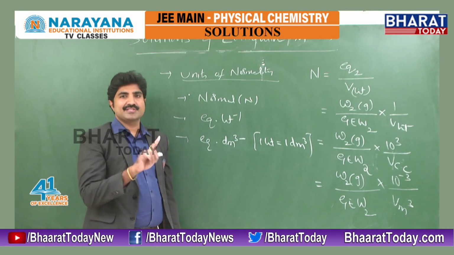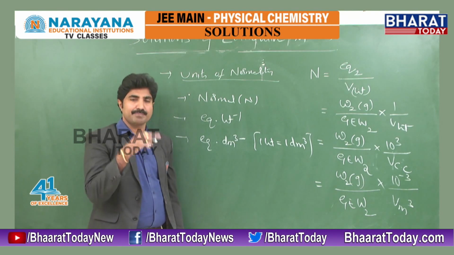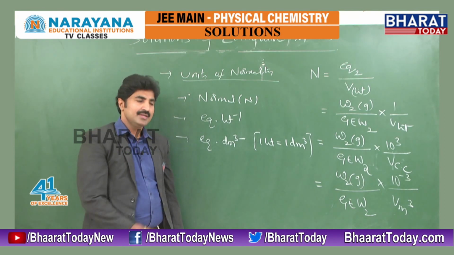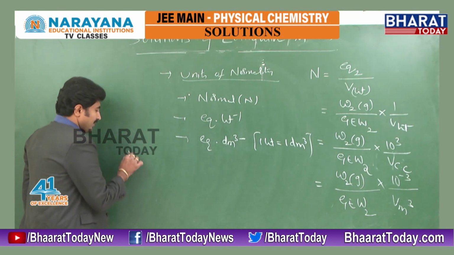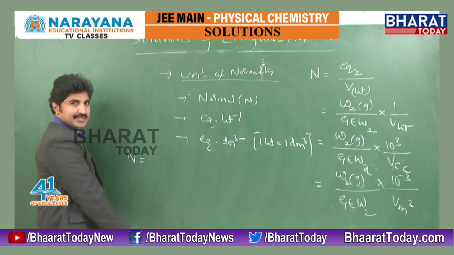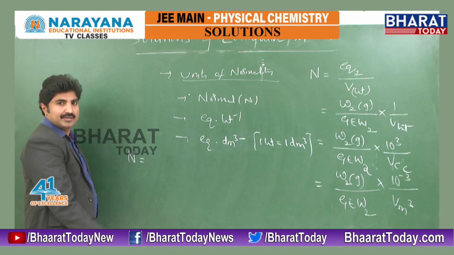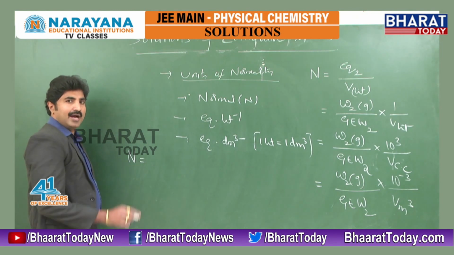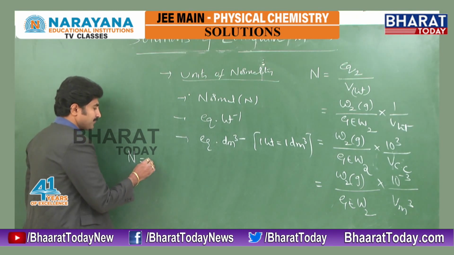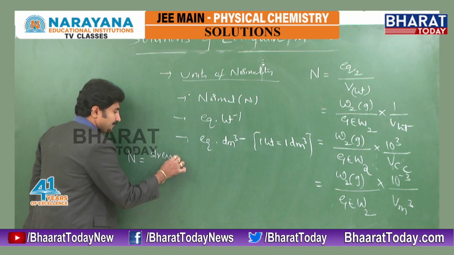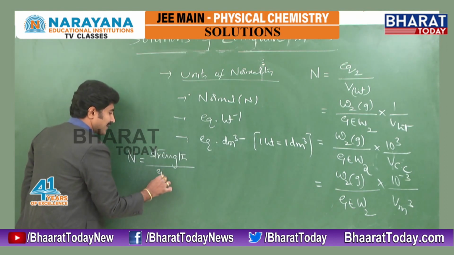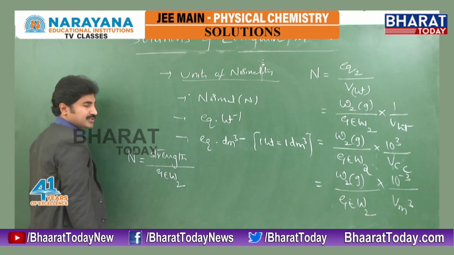In molarity, we discussed the relation among molarity and the previous concentration methods. Similarly, here also normality in terms of percentage weight by volume, normality in terms of percentage weight by weight, and normality in terms of strength. In terms of strength, normality is equal to strength by gram equivalent weight of the solute.